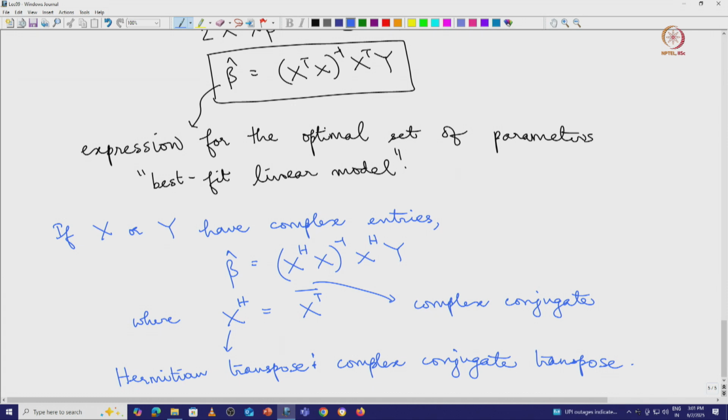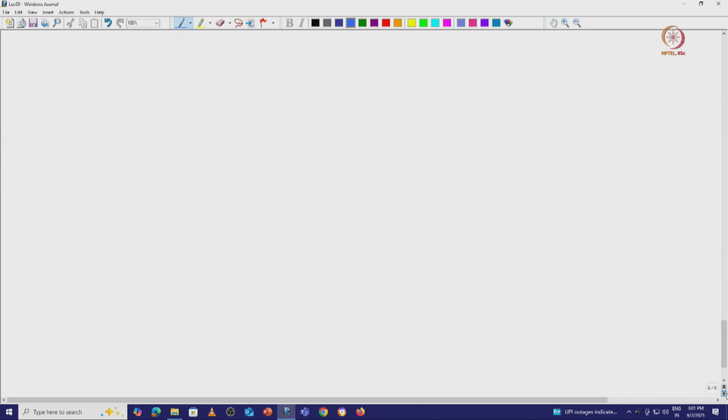So this particular quantity here is very interesting, because usually this particular quantity always exists, and it is called a Moore-Penrose inverse.